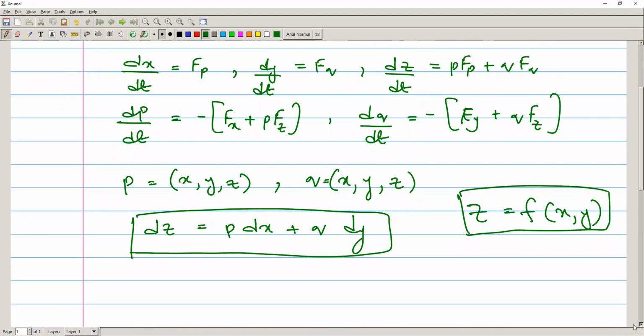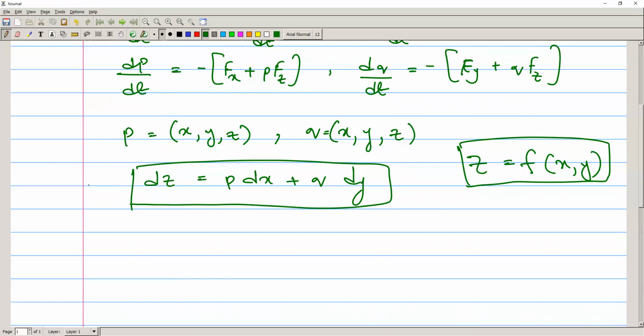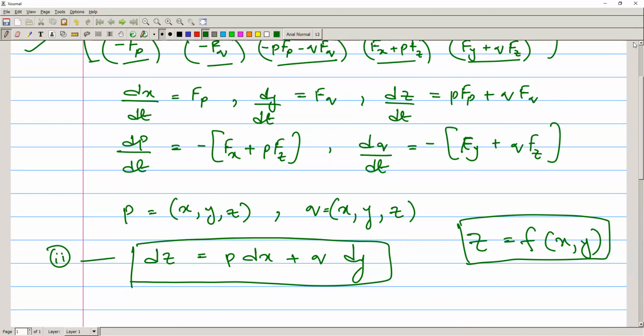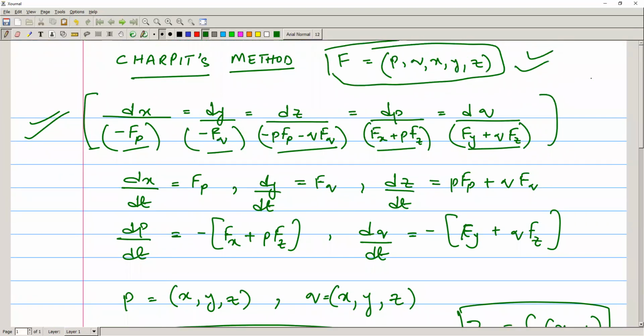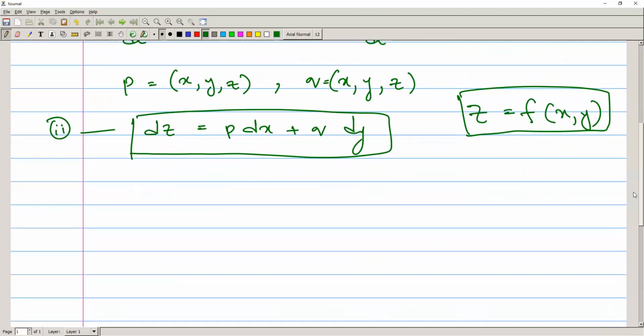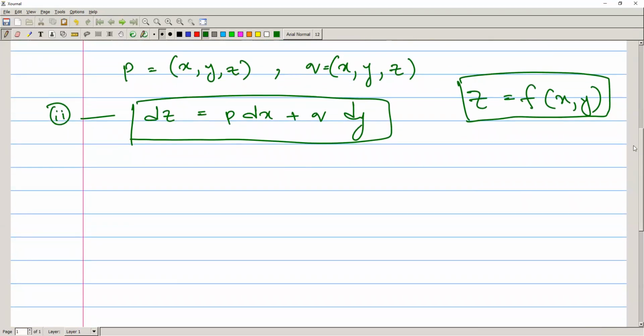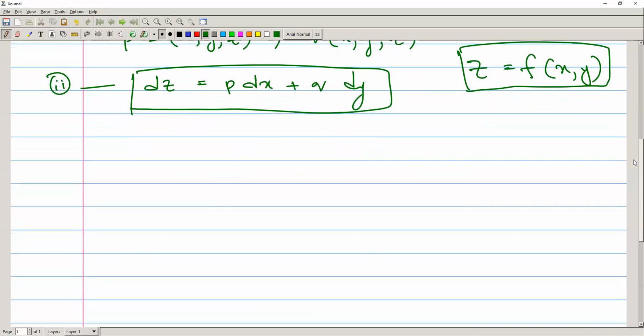Then we will plug that p and q in this equation. Say this is equation number 2, and this is equation number 1. So first we will use equation number 1 to find p and q in terms of x, y, and z. Then we will apply that p and q in equation number 2, and we will solve for the general solution.